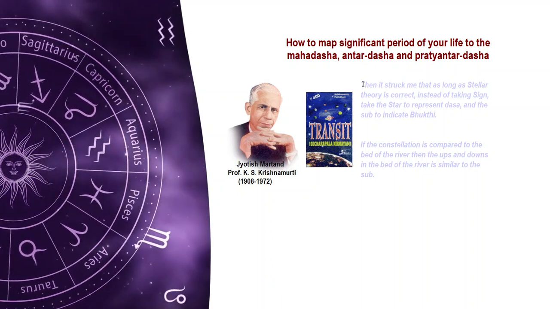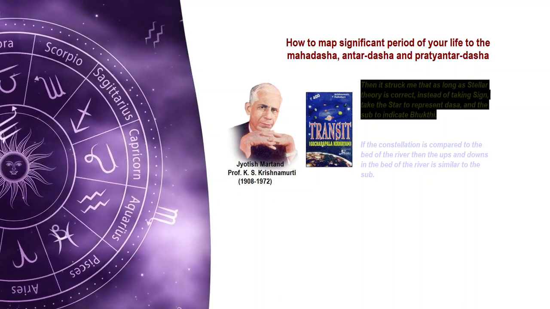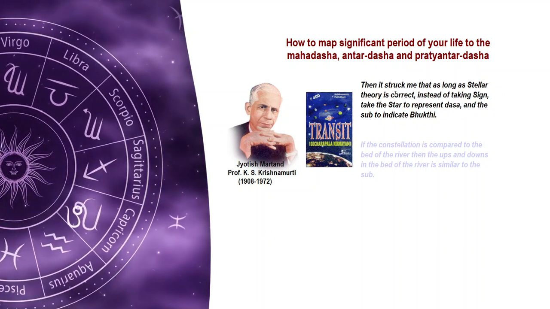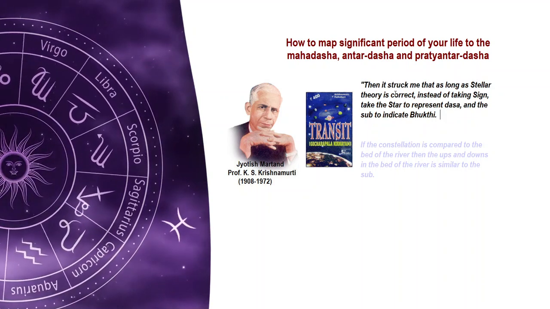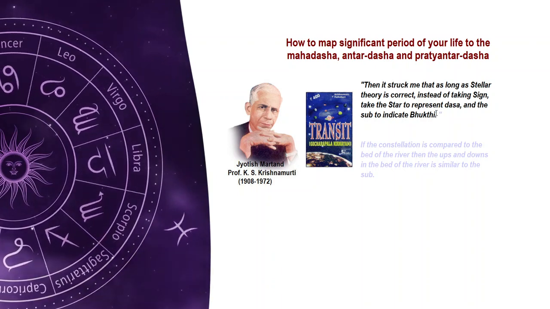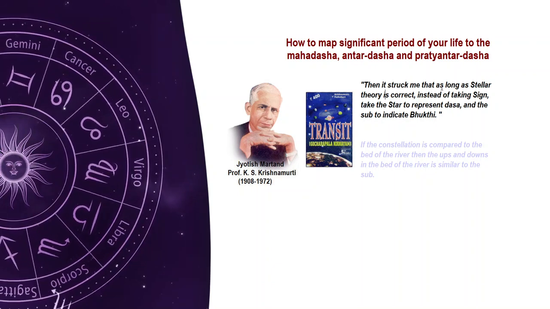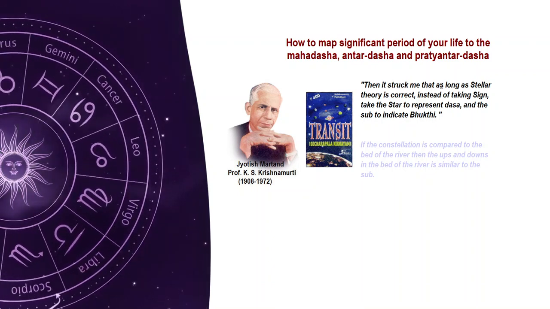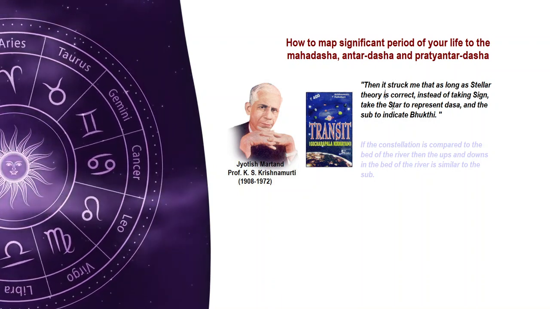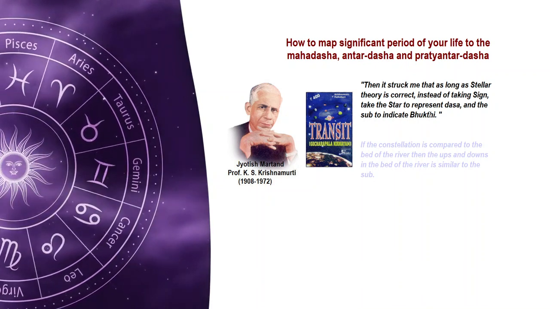So the first thing that he has mentioned is this one, where he says that while doing his research on the KP rules, then it struck me that as long as stellar theory is correct, instead of taking sign, take the star to represent dasha and the sub to indicate the bhukti.